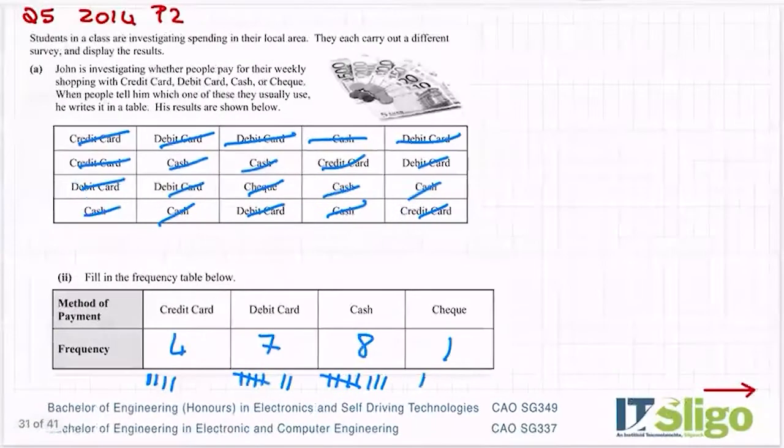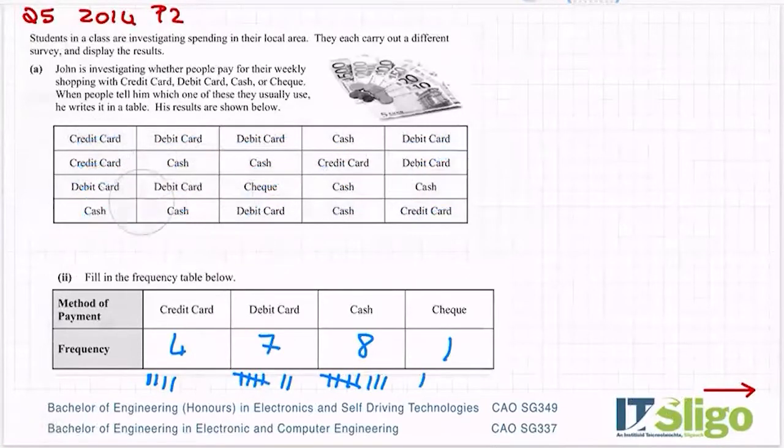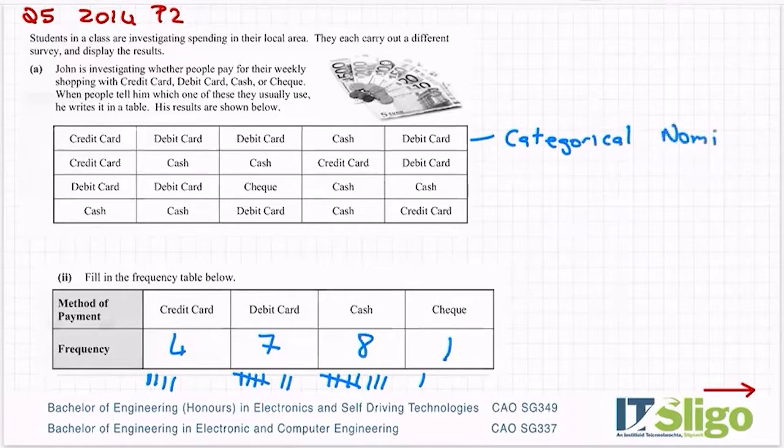Okay, so let me go back to this again now, and I'll just clear this off so you can see it. If I ask you what type of data this is, I would be hoping you would tell me that it is categorical data, and it is categorical nominal data. Okay, so remember we have 2 types of categorical data.